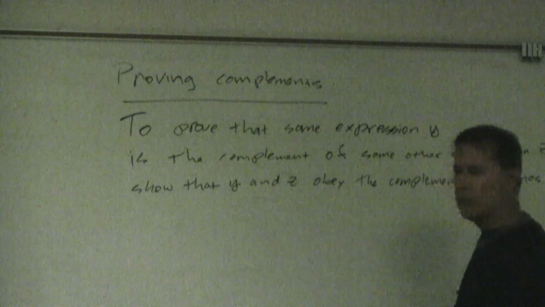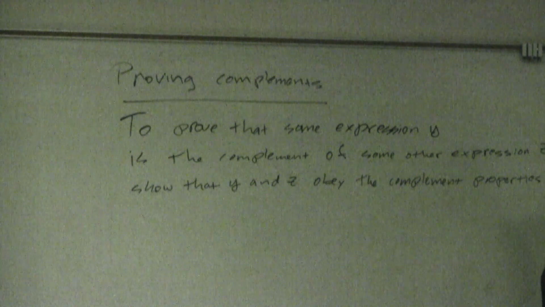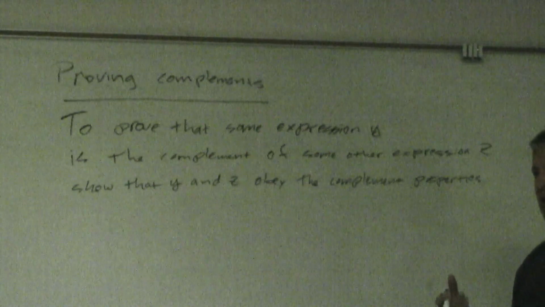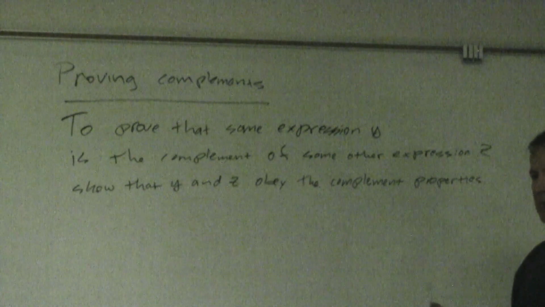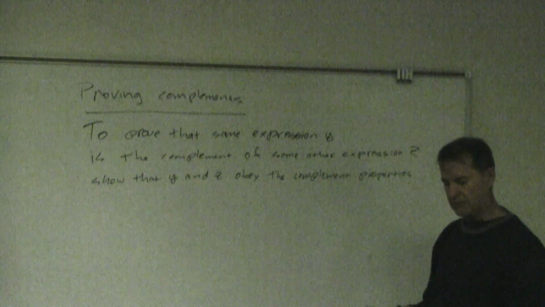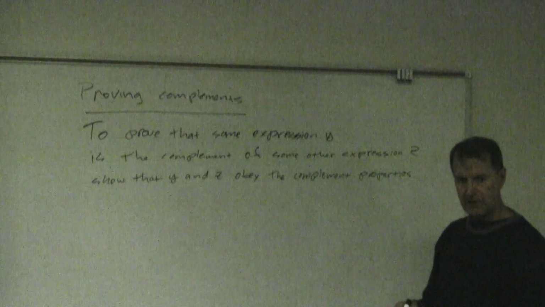Now, what are the complement properties? Do you remember? We actually have, in our axioms, the definition of complement, and there were two of them. X or X prime equals 1. Yes.